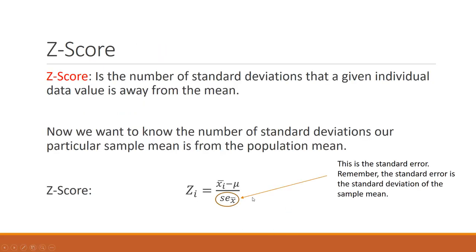Now, you might notice that we have a problem here. Like I said before, we don't know the true population mean. So unfortunately, we can't say how extreme our particular sample mean value is relative to the true sampling distribution of the mean.